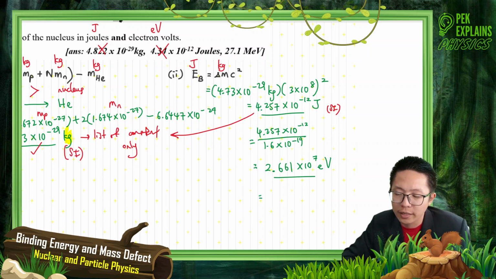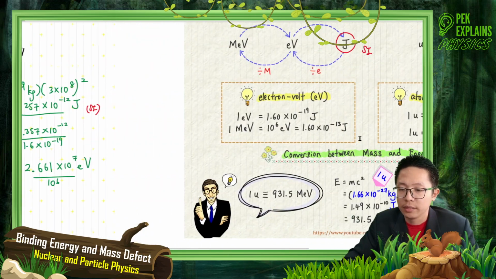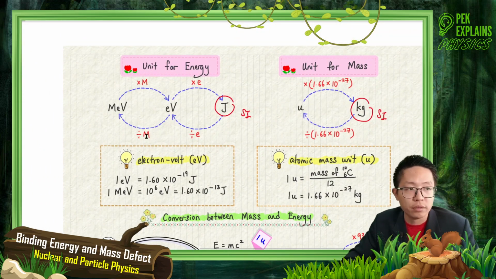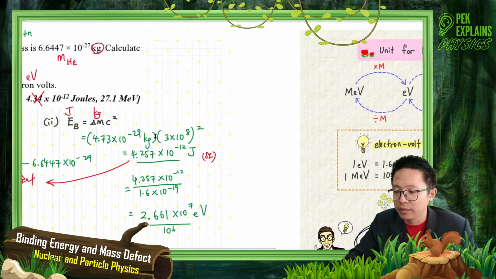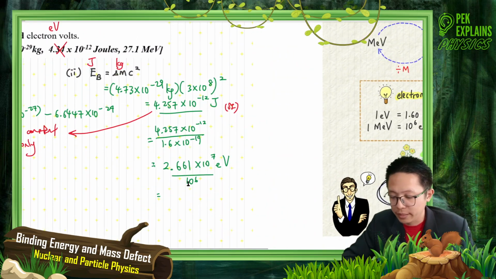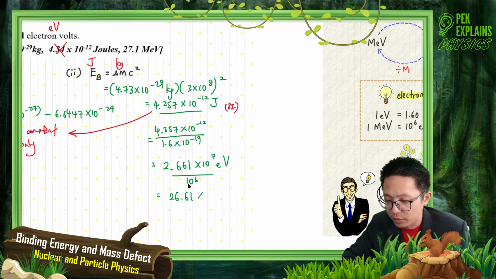If you want to get mega electron volt, you divide by mega, which is exponent 6. From electron volt to mega, you divide by mega. So I divide by 1 exponent 6, and I get 26.61 mega electron volt. That's the answer.